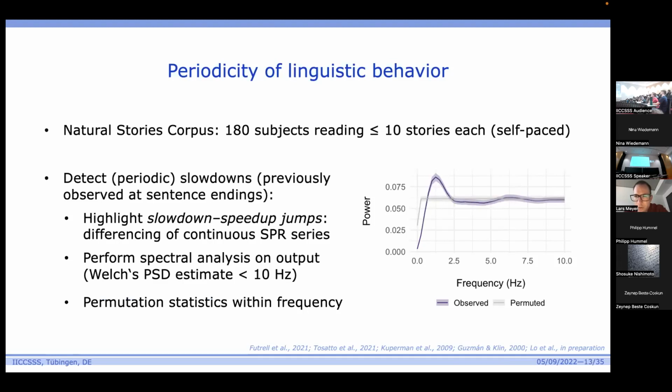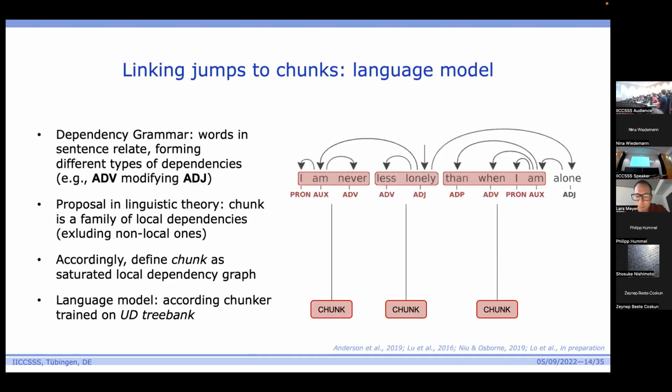Whether this is corresponding to actually the end of an electrophysiological cycle, I don't know. Yeah, we have a separate data set that's under review at the moment, where we have eye tracking and EEG in parallel. And there we find a different effect because it's electrophysiological data.